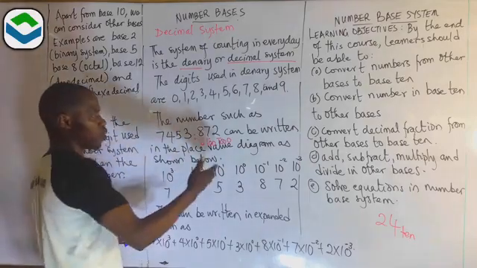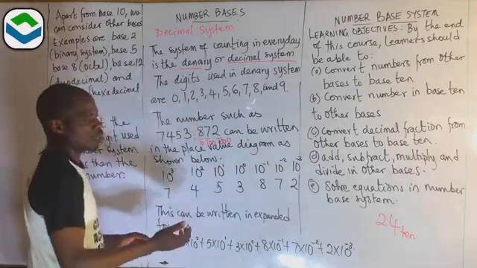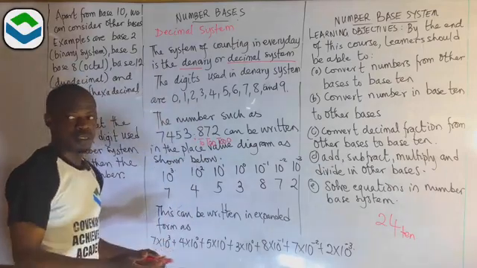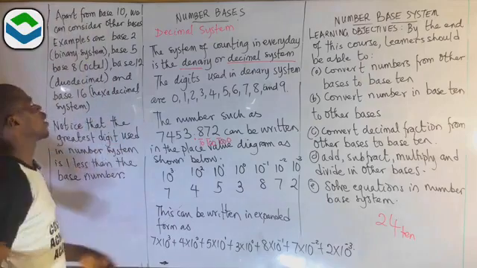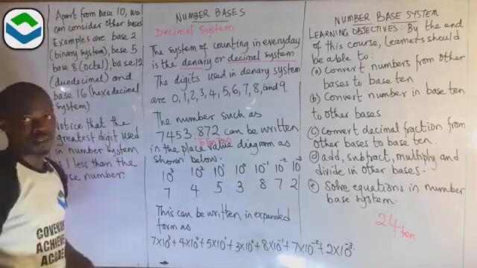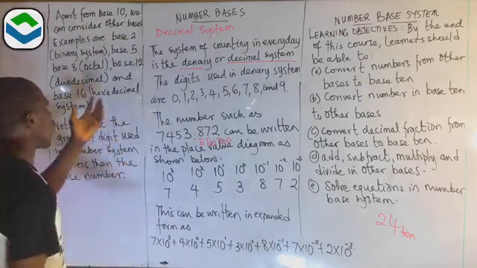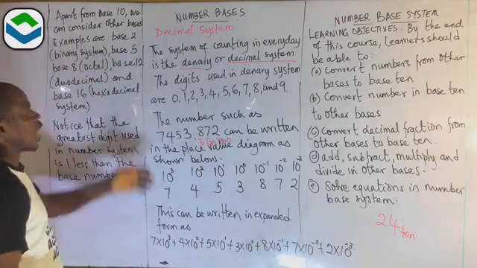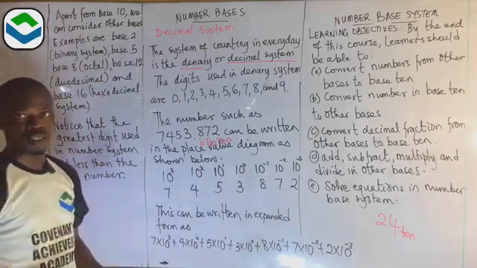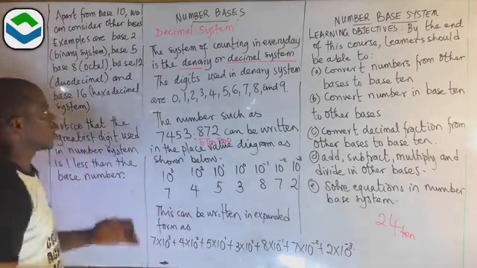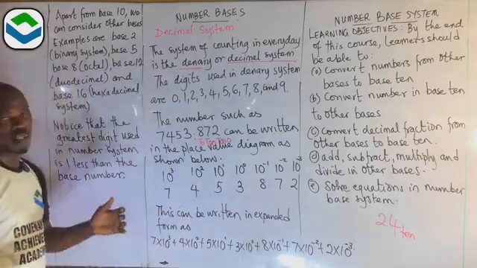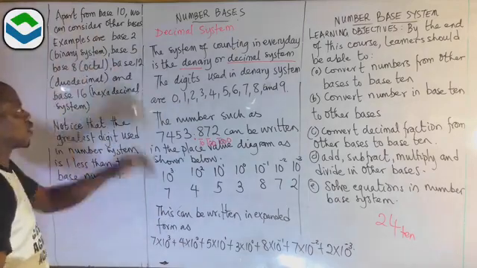Now the same approach, the same method, the same concept can be applied to other bases. Apart from base 10, we consider other bases, and quickly we are going to talk about them. We have binary, which is the base 2 number.